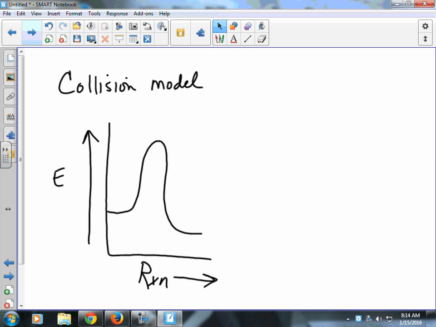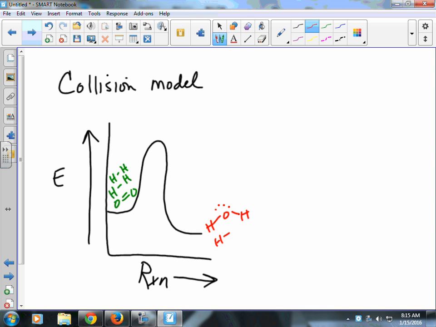Before reaction, you've got your H2 and O2. These are your reactants. This is your product. Product has less energy than reactants.